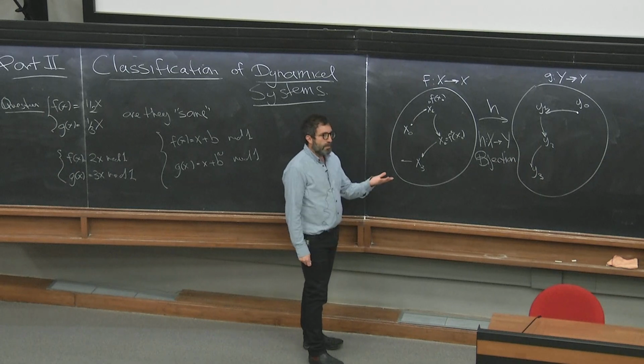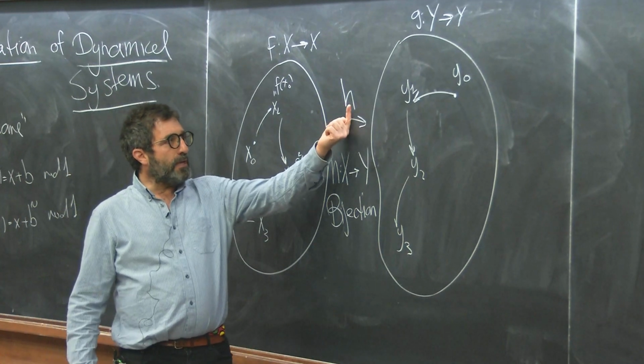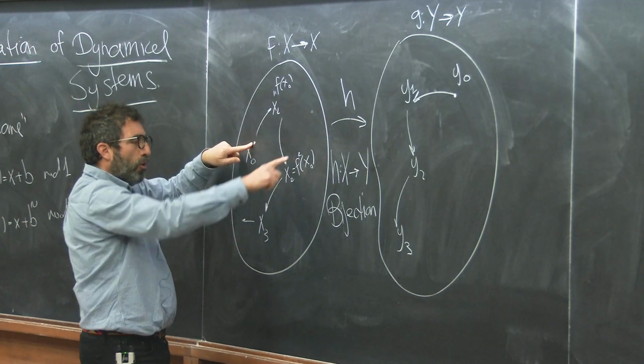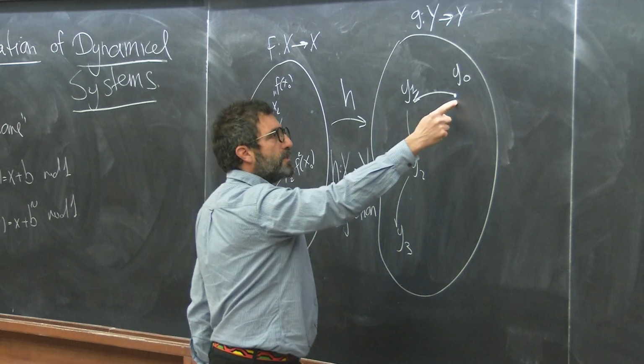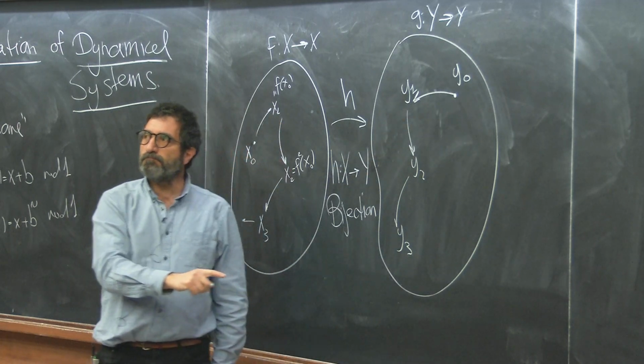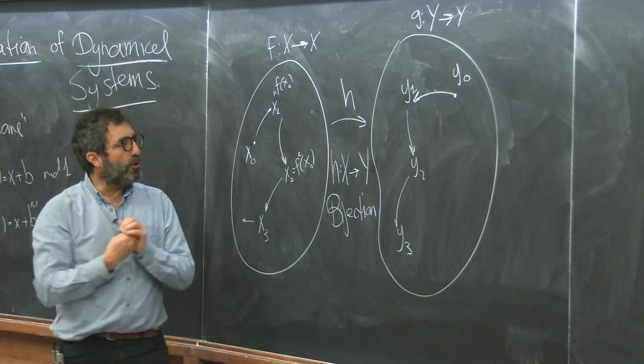Then what we really want is H to map all the points in the orbit of x0 to the points in the orbit of y0. Right? That's what it means to match up all the orbits.